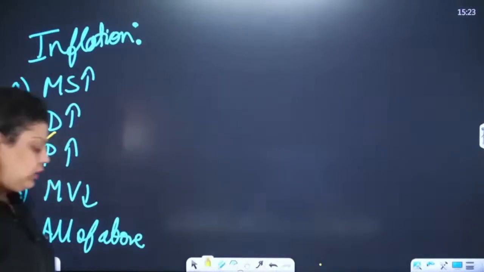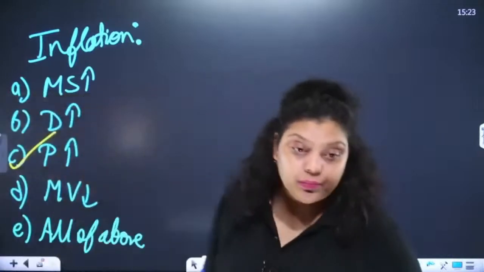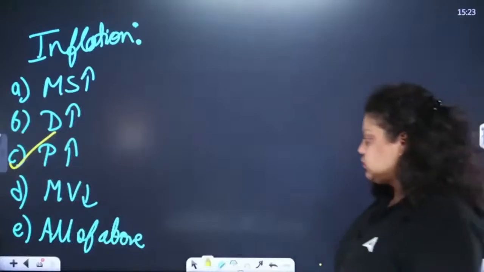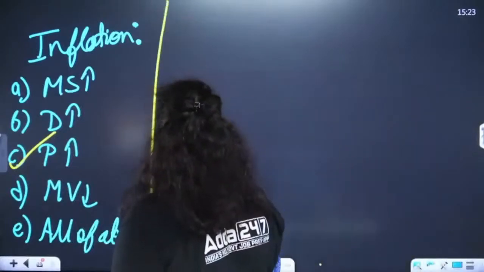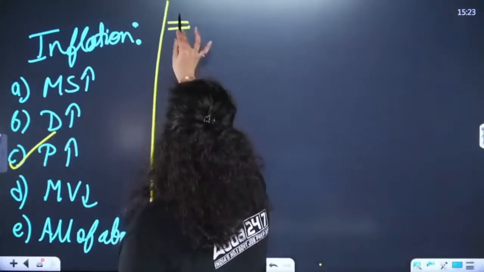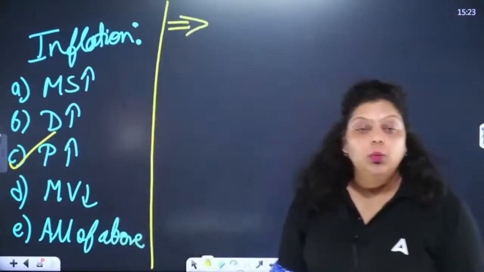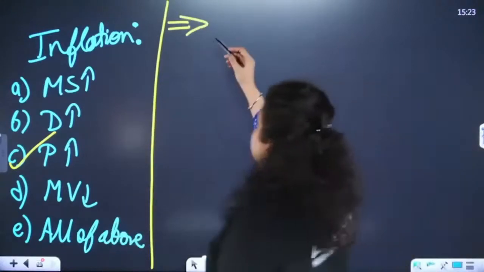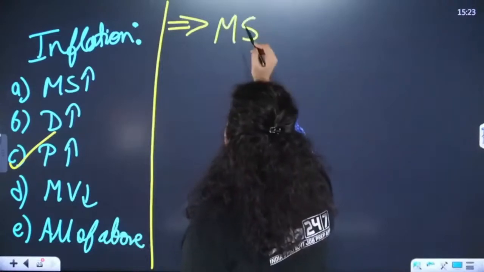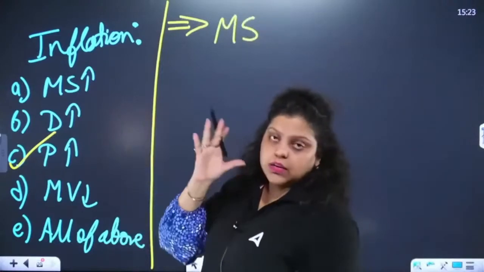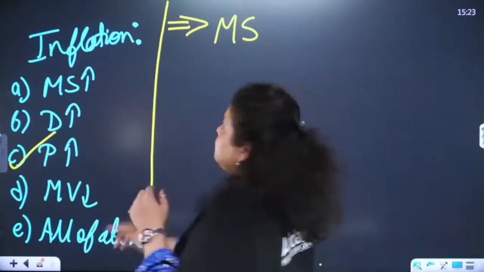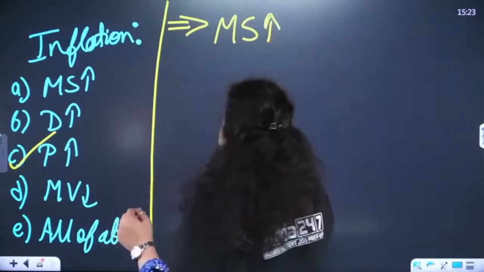Okay, now what happens if we're talking about inflation here? First of all, let's see what conditions are there. The economic conditions will be like this: whenever we talk about an increase in the prices of goods and services, first of all the money supply will increase.